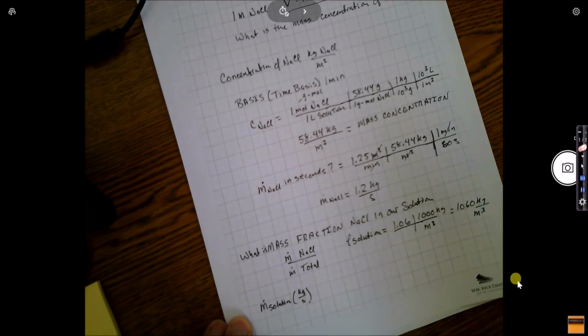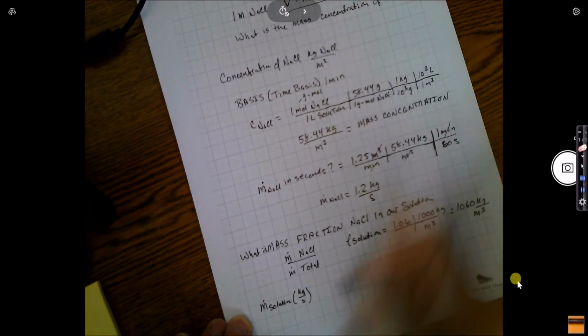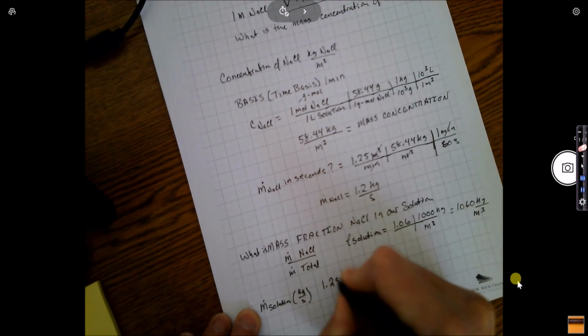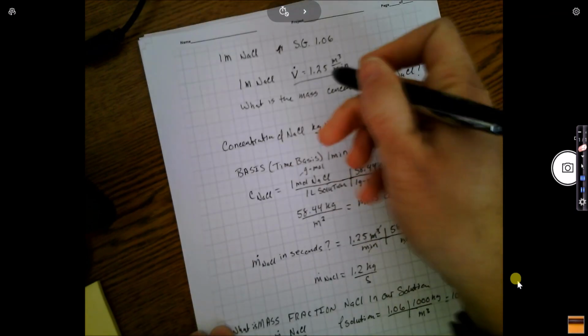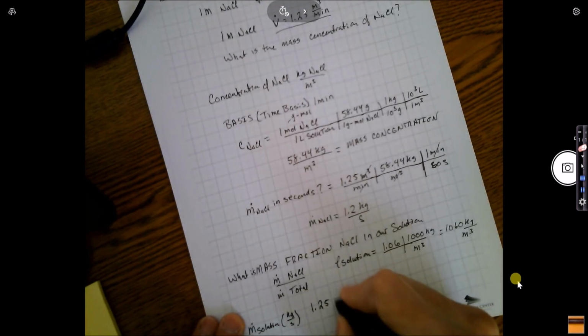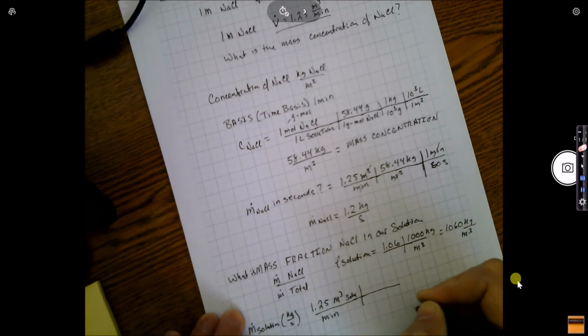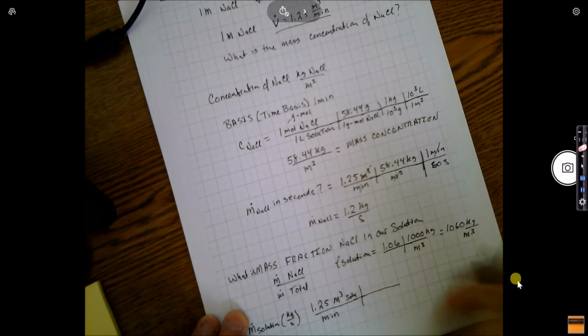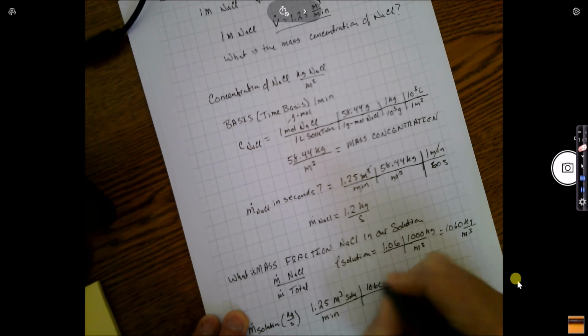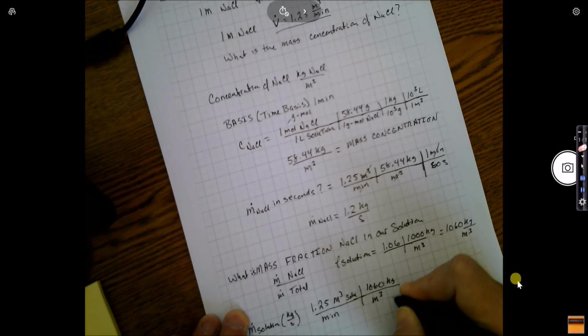So we have a volumetric flow rate of 1.25 meters cubed per minute of solution. Always good to have some sort of bookkeeping to keep yourself straight. We know we have 1060 kilograms per cubic meter of solution.